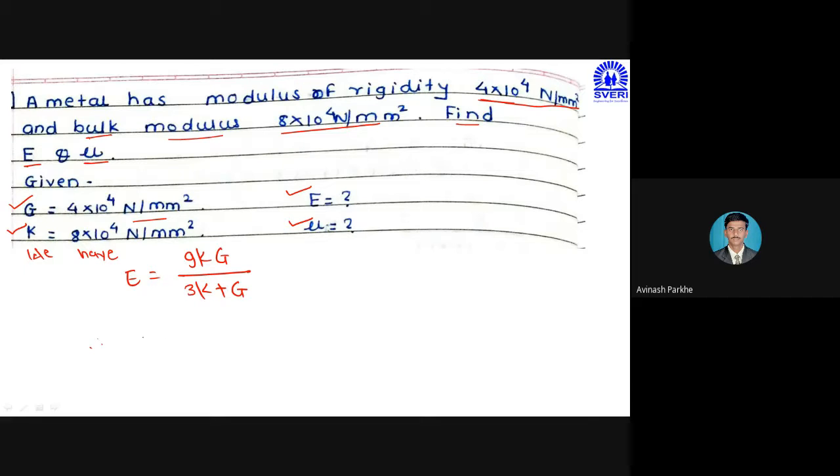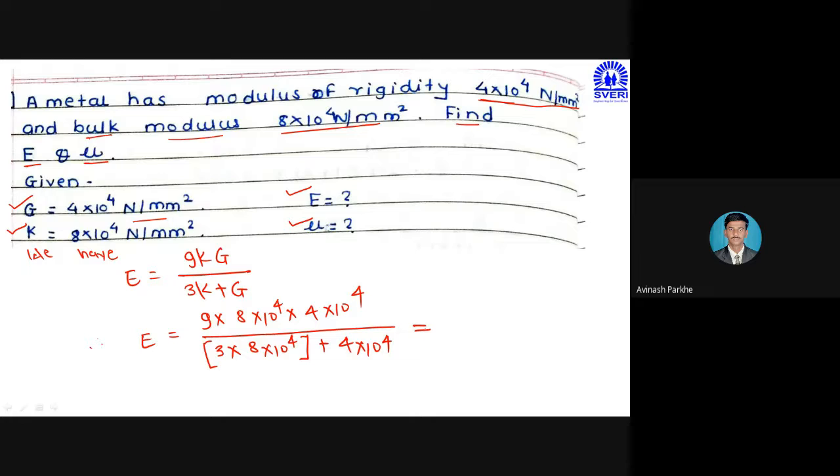Now only put the values. Capital E is the unknown parameter. 9 into K, 8 into 10 raised to 4, into G, 4 into 10 raised to 4, divided by 3 into, inside the bracket, K, 8 into 10 raised to 4, bracket complete, plus only G, 4 into 10 raised to 4.